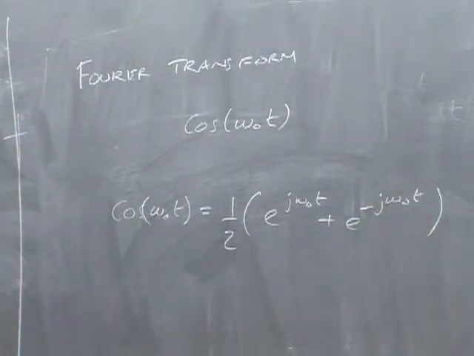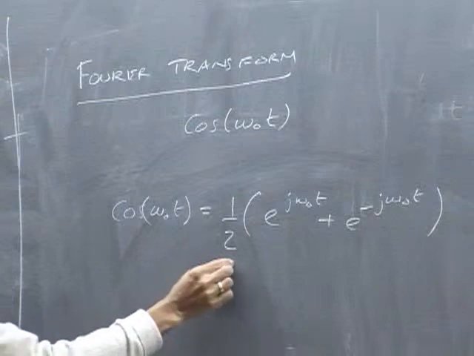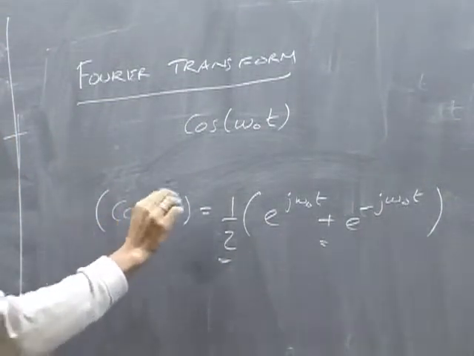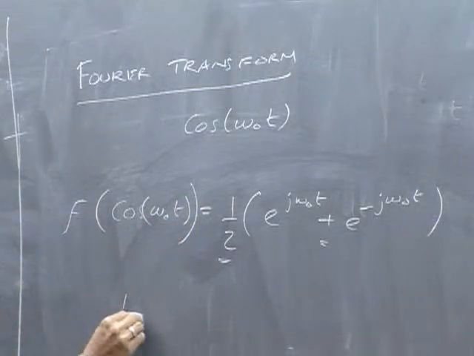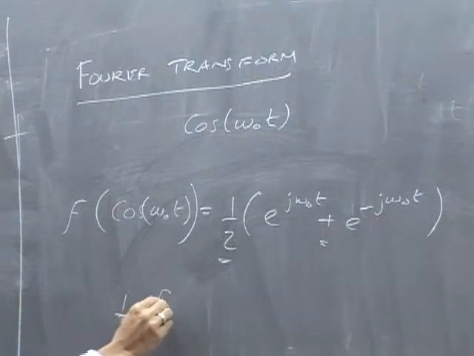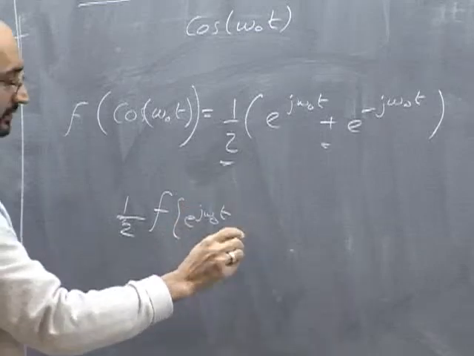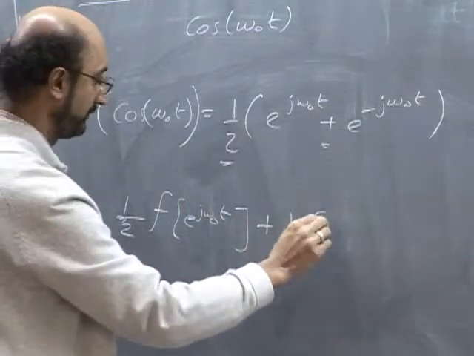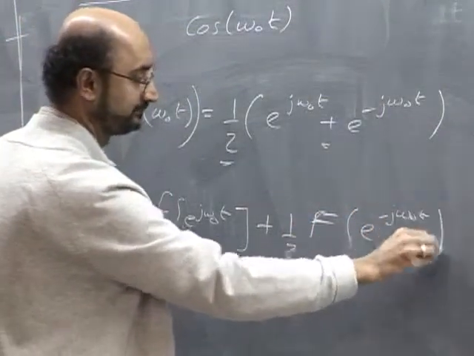Okay, that's good. So now we have a half and we have an addition. So we can write that the Fourier transform of this is going to be given by half the Fourier transform of e to the j omega naught t plus half the Fourier transform of e to the minus j omega naught t.